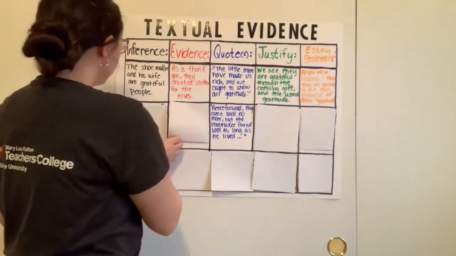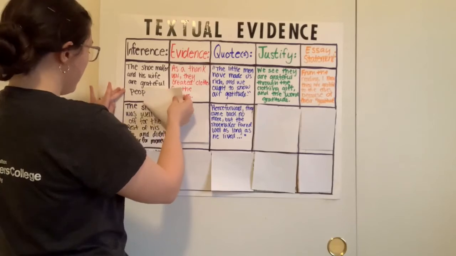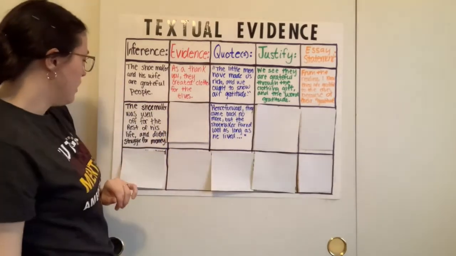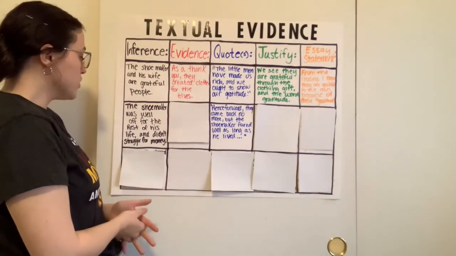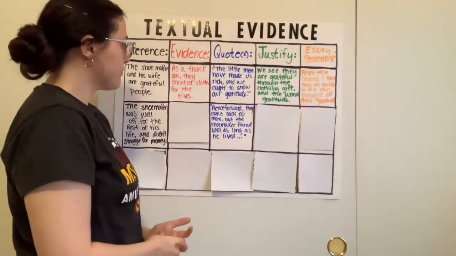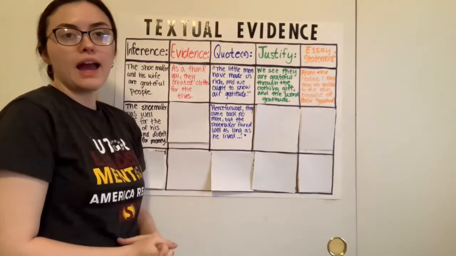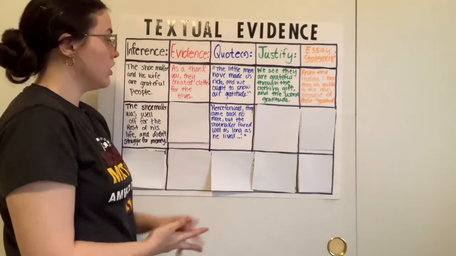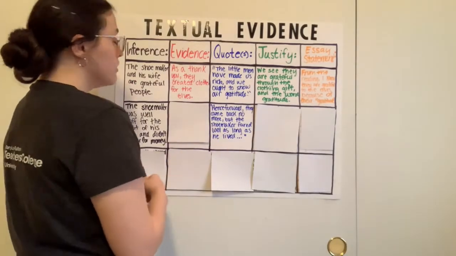The inference I have taken from this quote is, the shoemaker was well off for the rest of his life and didn't struggle for money. What evidence do I have to support this inference, along with this quote? Can you guys guess?